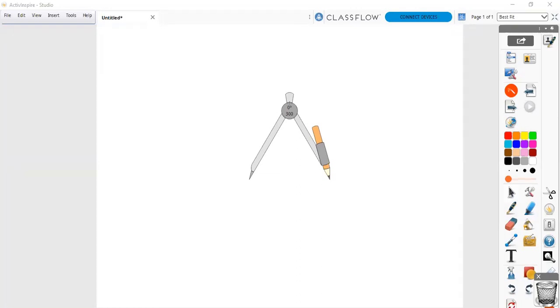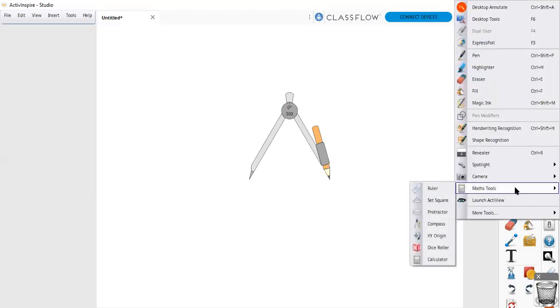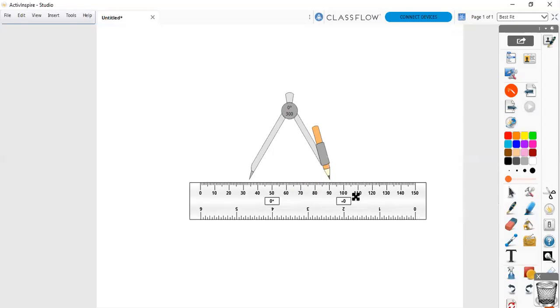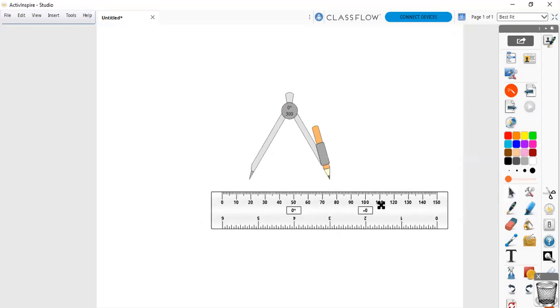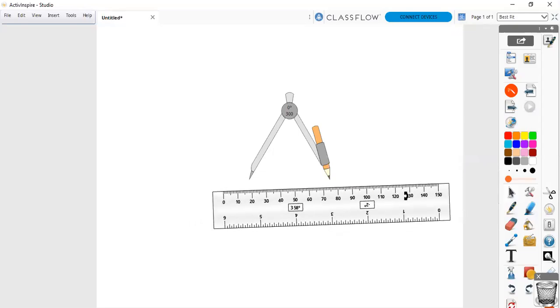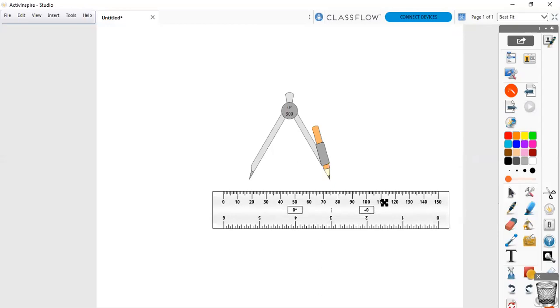First of all, you need to draw one horizontal line having a radius equal to 40 mm. So either you can use a ruler or you can use the set square. The ruler is also there with you. So you need to draw a line of 40 mm.